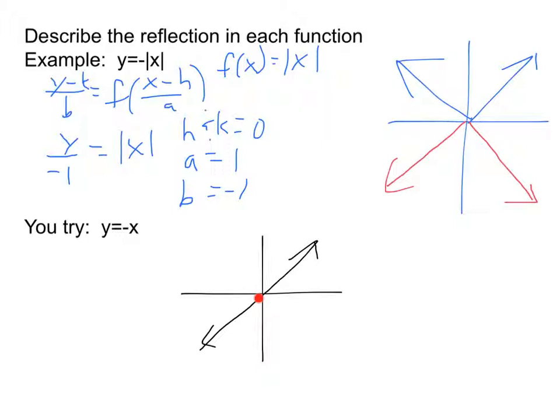If we flipped those and made them all positive, it would come down this way. Okay, and if we made all these positive x values negative, it would come this way. So it's going to make this line here. Oops, that should have crossed at 0, 0. Okay, so hopefully that's what you got as far as reflecting these functions.